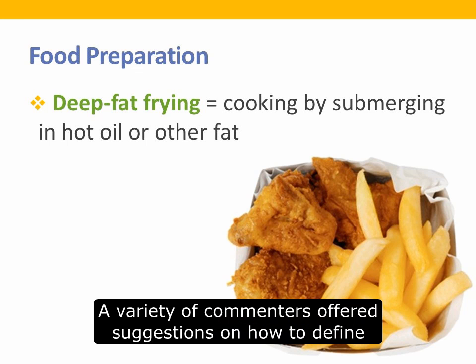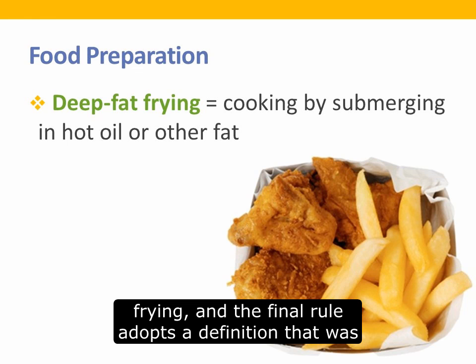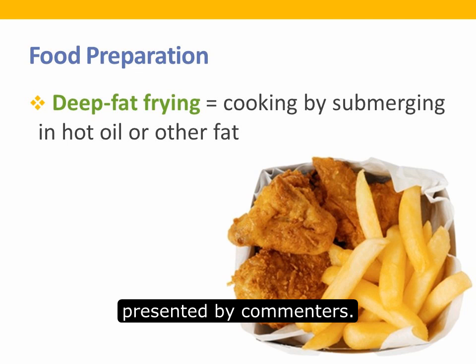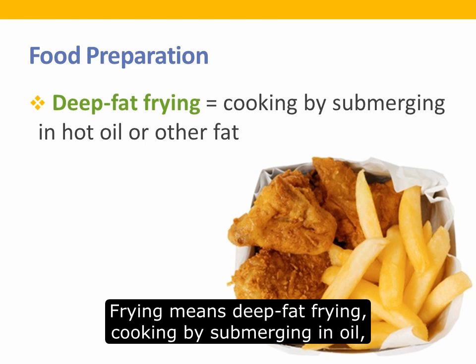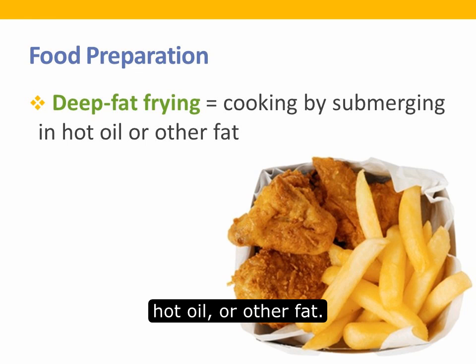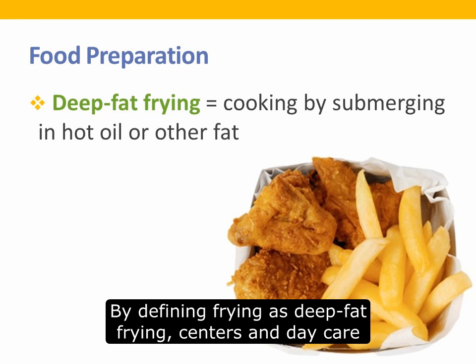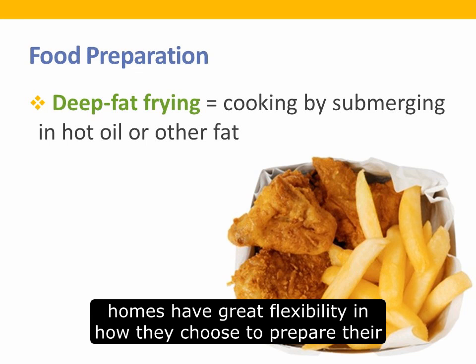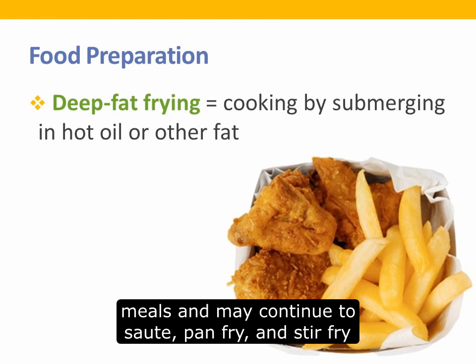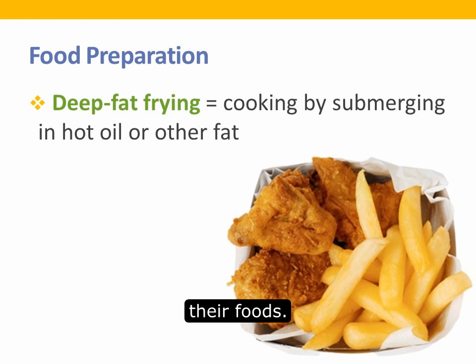A variety of commenters offered suggestions on how to define frying, and this final rule adopts a definition that was presented by commenters. Frying means deep fat frying, cooking by submerging in hot oil or other fat. By defining frying as deep fat frying, centers and daycare homes have great flexibility in how they choose to prepare their meals and may continue to saute, pan fry, and stir fry their foods.